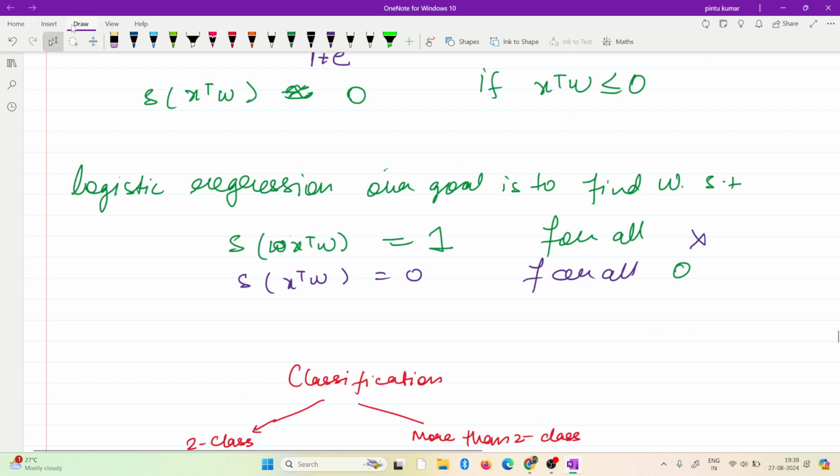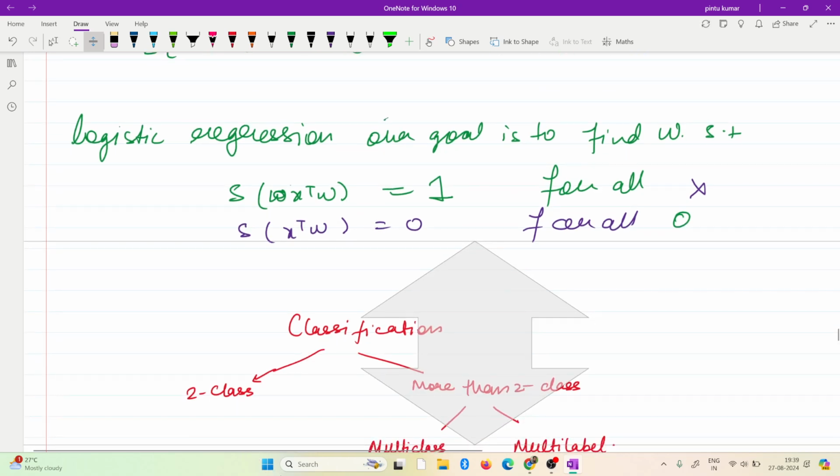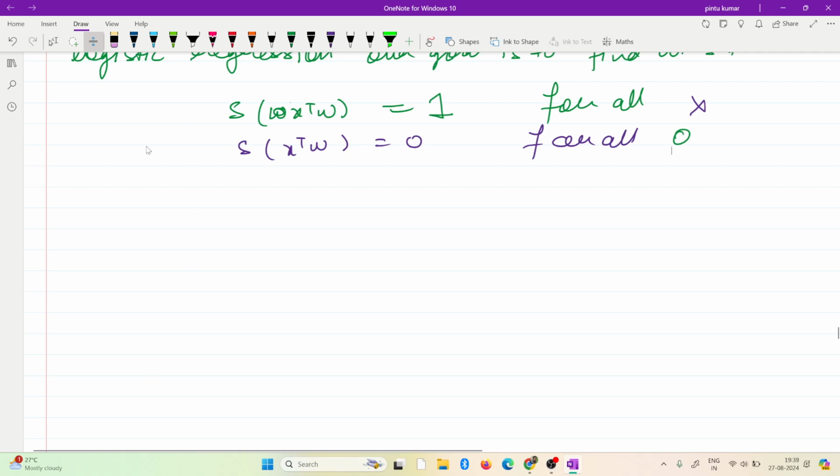So we had a loss function that could tell us how much error we are making in case of linear regression. For classification also, we have many losses, but the most intuitive one that I'm going to introduce today is called 0-1 loss. Okay. So you have some data point x comma y, right?